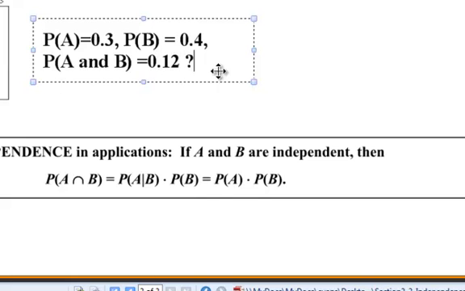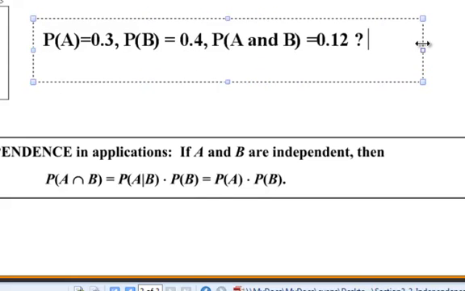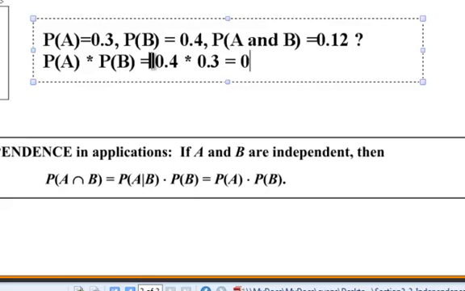Now the question is, is that the same as probability of A times probability of B? I'm using the definition that the intersection should be the product of them separately, and in fact 0.4 times 0.3 is equal to 0.12. So yep, I do have independence.